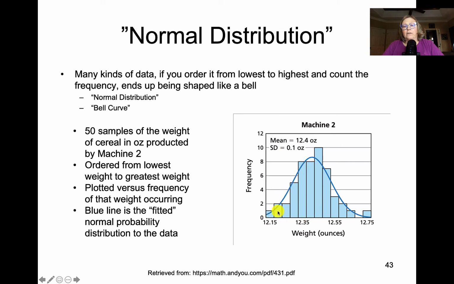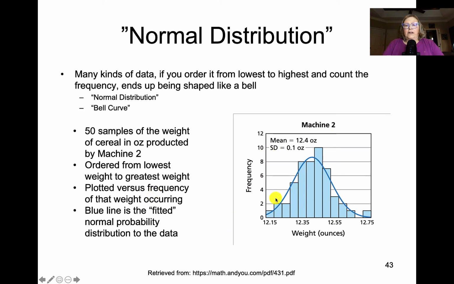The underneath part, the chunks, are called a histogram. A lot of experimental data ends up being normally distributed. So this is something you're going to see a lot and will likely see on the AP Psych exam. I described this a little before: it's 50 different data samples of the weight in cereal, in ounces, produced by this second machine.